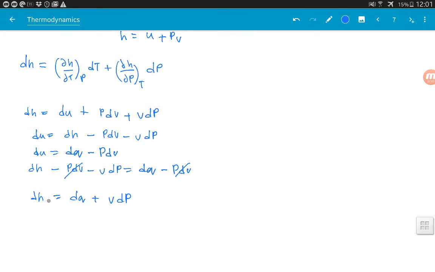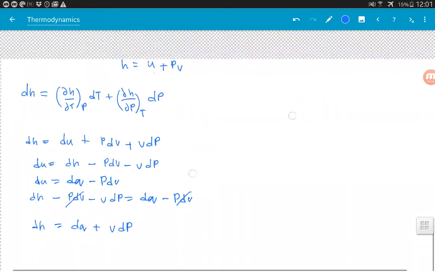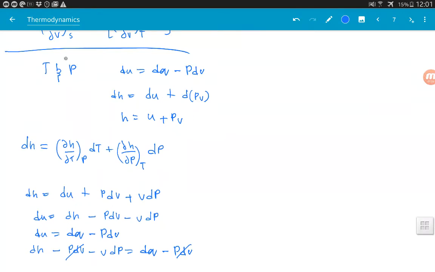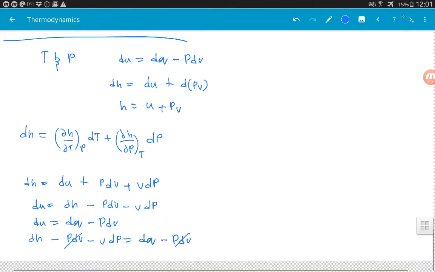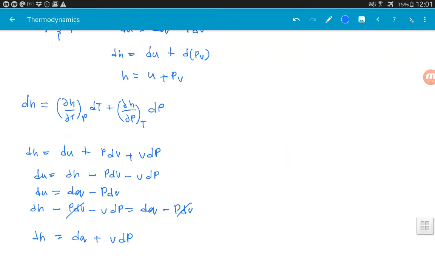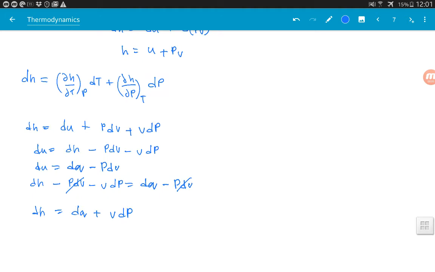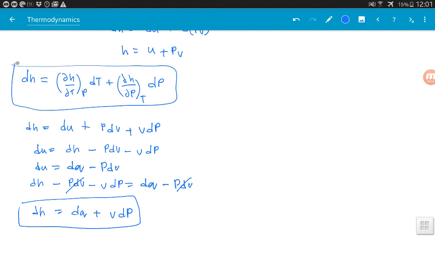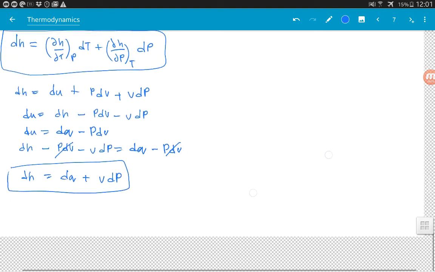Previously, when we were using this, we didn't have the dP change. Because we are dealing with T and P, this is more convenient for us. So we're going to use this new expression of the energy equation. Then we try to put it together with this relation.